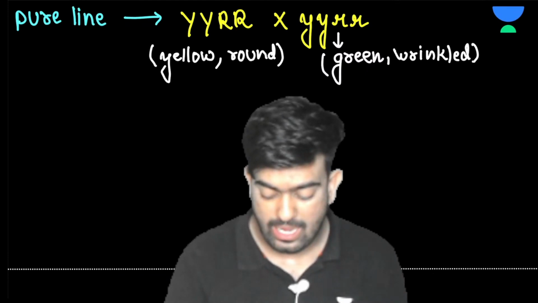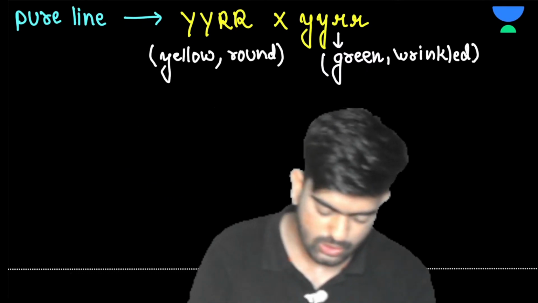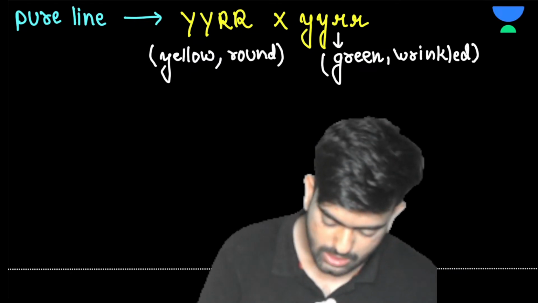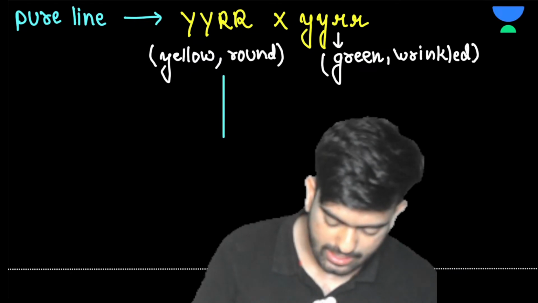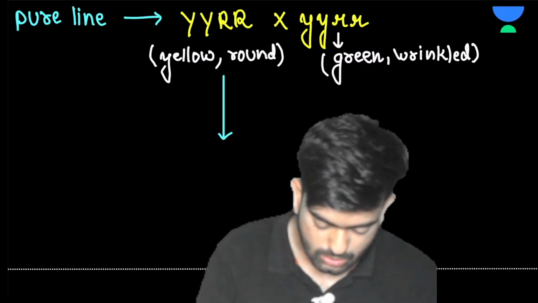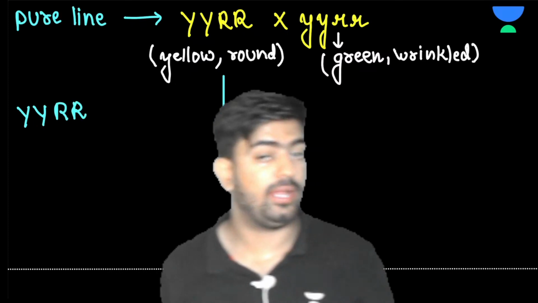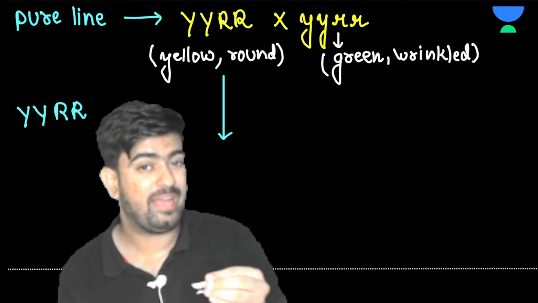Since you are now able to understand how to form the gametes, let's form the gametes. We are going to make the gametes with the help of the fork line method. So capital Y and capital R. How many types of gametes will be formed?